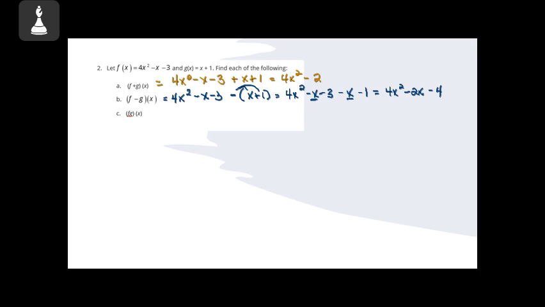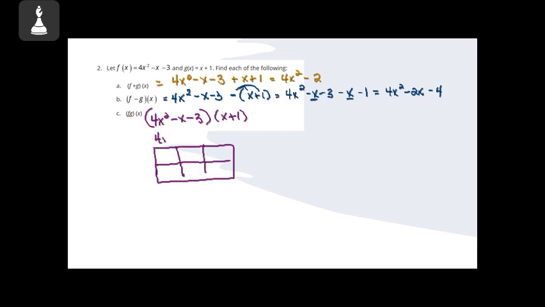And the last one wants us to multiply. So 4x squared minus x minus 3 to be multiplied by x plus 1. So you can do your distributing, or you can create your little window pane. So I've got 4x squared, negative x, negative 3, and x and 1.